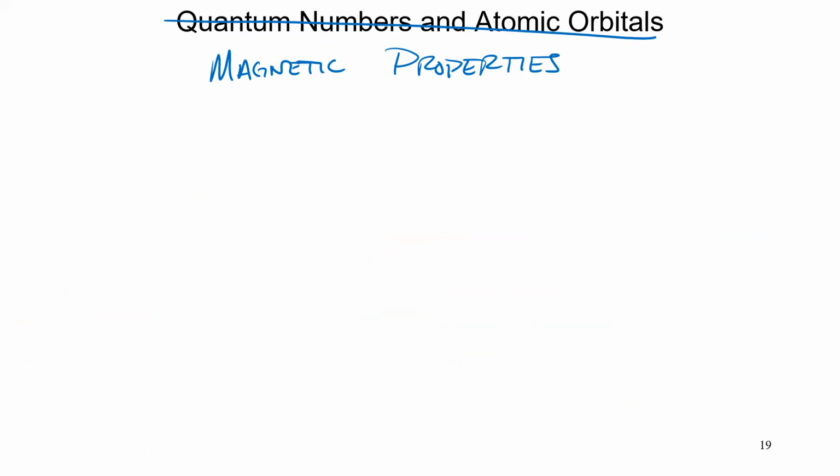If we have a set of electrons in a given atom, if each orbital is full, then there's an equal number of electrons with their spins pointing up as there are with their spins pointing down. So let me put that in words here.